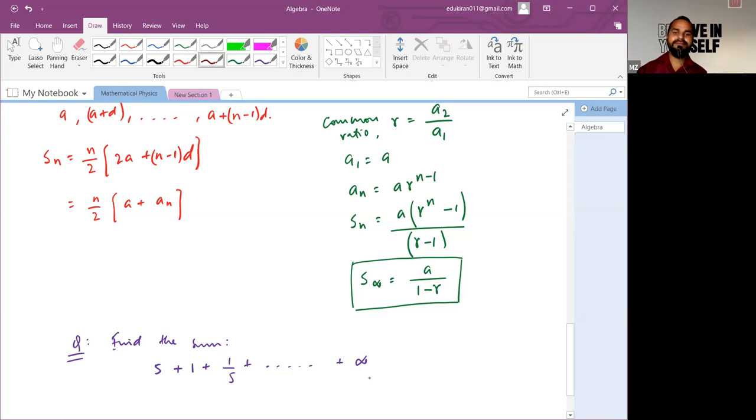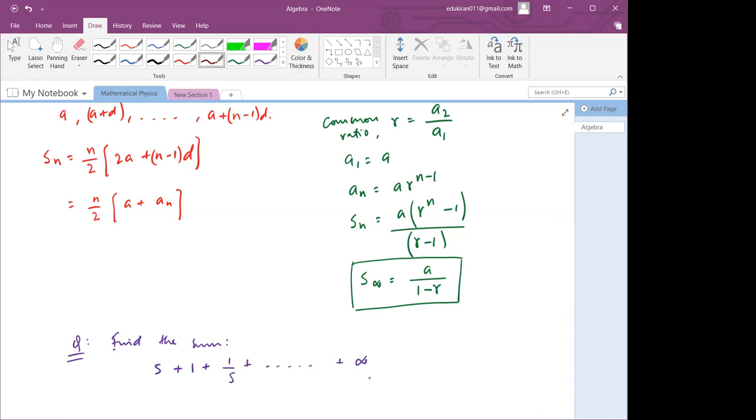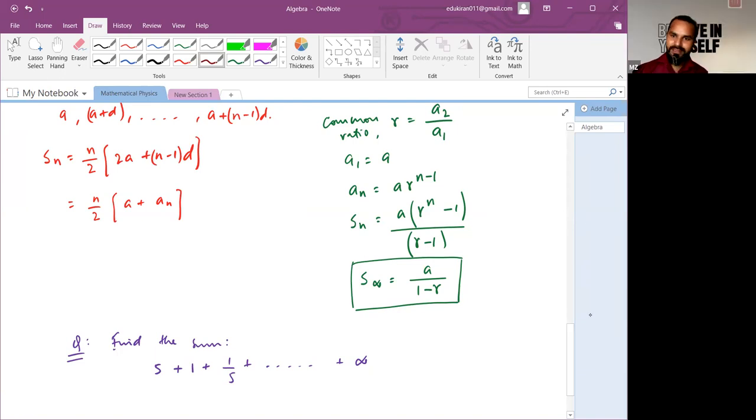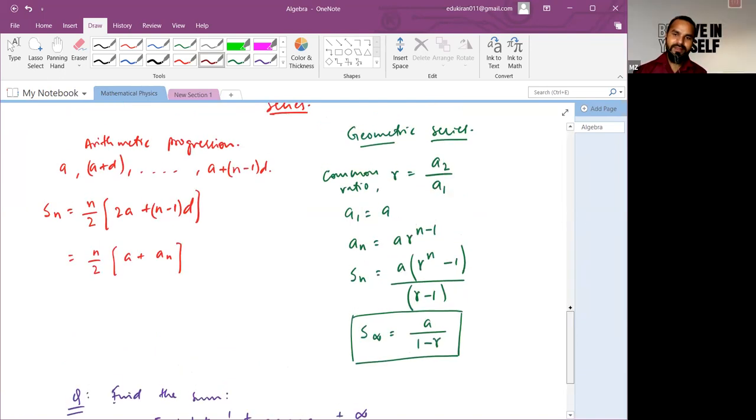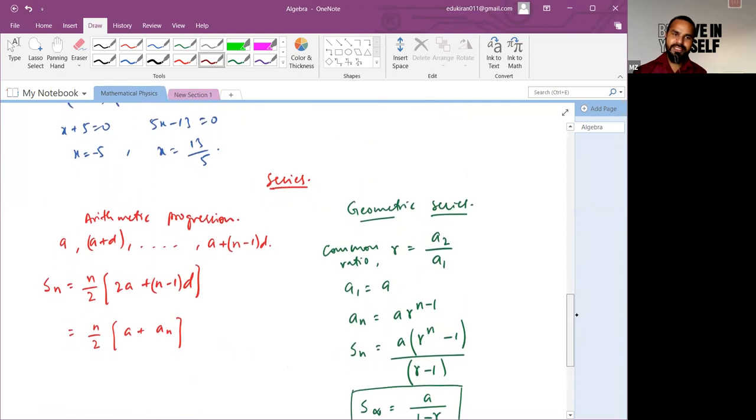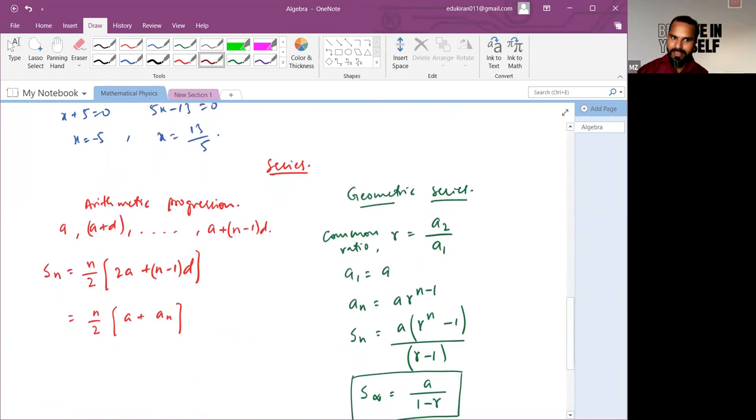Okay. A will be the first term, yeah? What about D? I have defined it in the above section. We have two different series. The first one is AP, in which there is a common difference, called D. So D is equal to the next term minus the previous term.